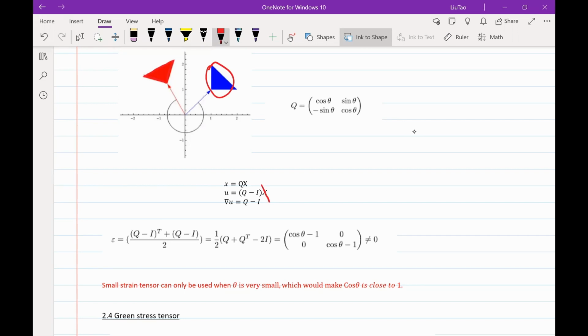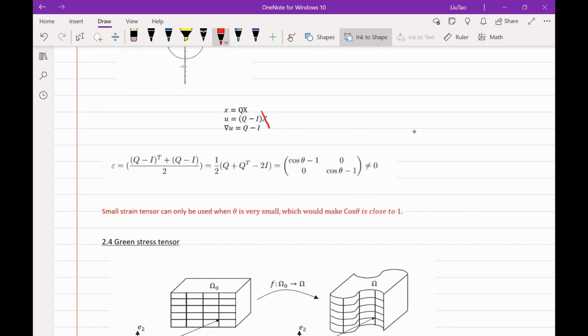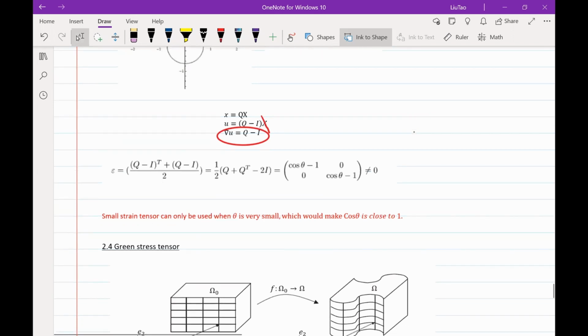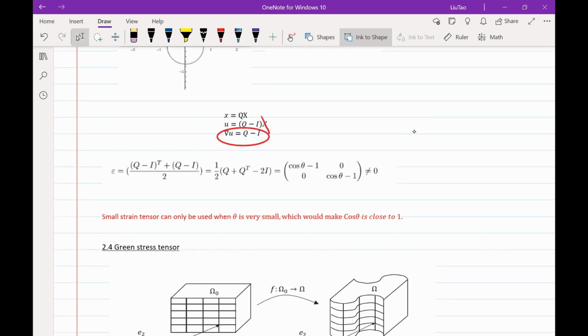Then we get rid of this, and del u is equal to this. And then we can plug in del u, because based on small strain theory, epsilon is equal to del u transpose plus del u divided by 2. And after simplification, we get a matrix like this.